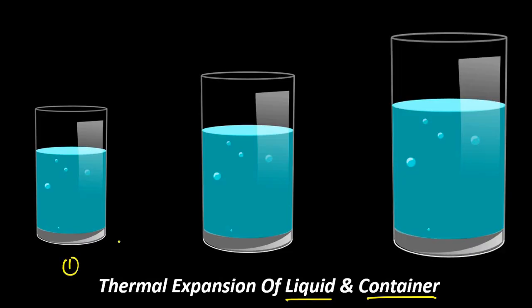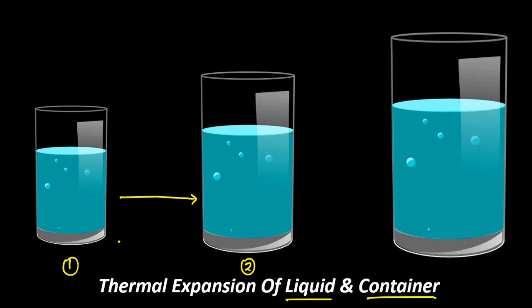Phase 1. So here heat is supplied, the container has an initial shape and size, and the liquid inside it is also at an initial volume. Slowly the volume of the container is also increasing, and also the liquid inside it is also undergoing expansion.